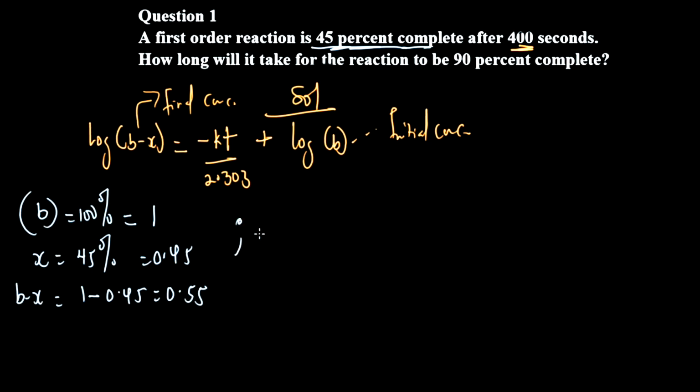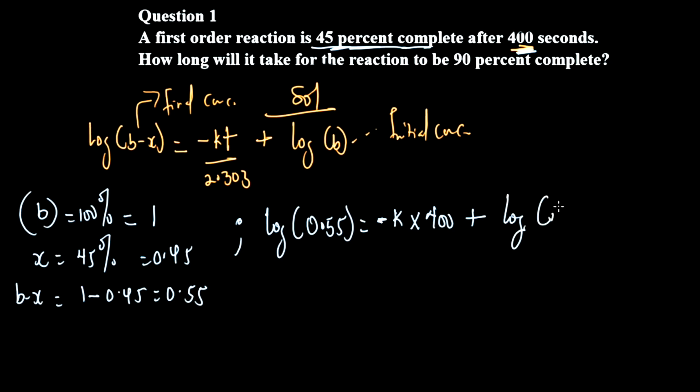So we input these values into the equation. We have log 0.55 equals minus k times 400 seconds plus log 1.